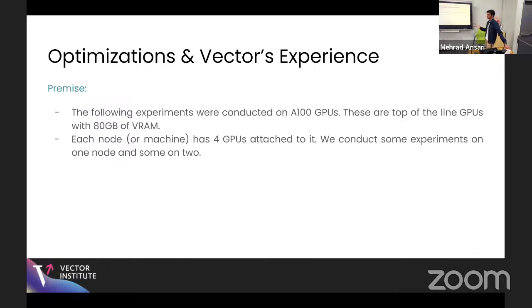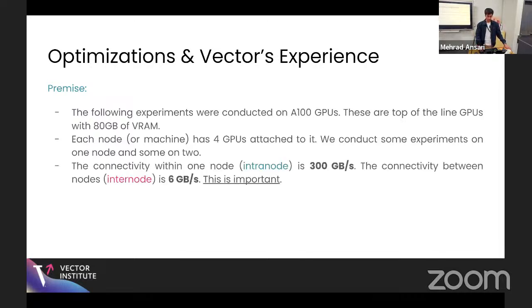Some of the experiments were conducted on one node and some on 2 nodes. And this is the super important part. The connectivity within the node, amongst the 4 GPUs, is 300 gigabytes per second, but the connectivity between nodes, between machines, is only about 6 gigabytes per second. Just these two statistics are important to keep in mind.